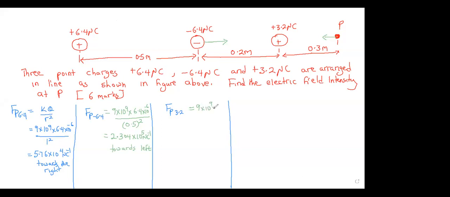No, they're all vice versa. What has brought that? I was looking at the directions from the perspectives of the actual charges, not from point P. Oh, okay. Now, I hope you have got what you are supposed to do.